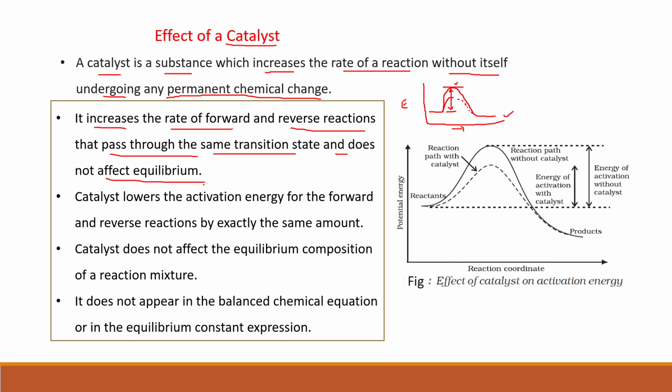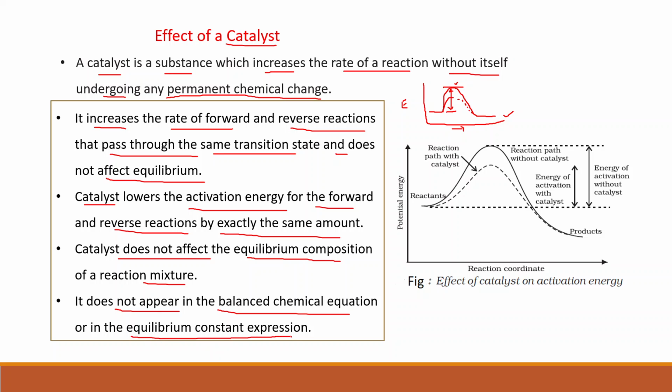In the presence of catalyst, equilibrium is achieved earlier. A catalyst lowers the activation energy for the forward and reverse reactions by exactly the same amount. A catalyst does not affect the equilibrium composition of a reaction mixture. It does not appear in the balanced chemical equation or in the equilibrium constant expression.